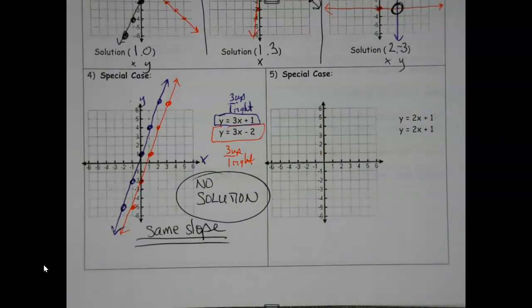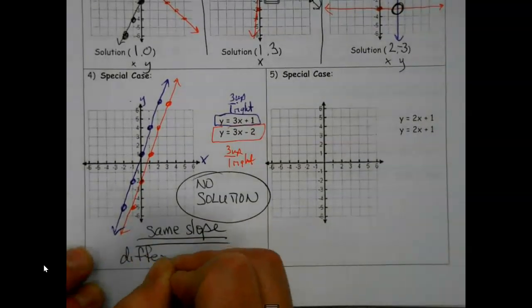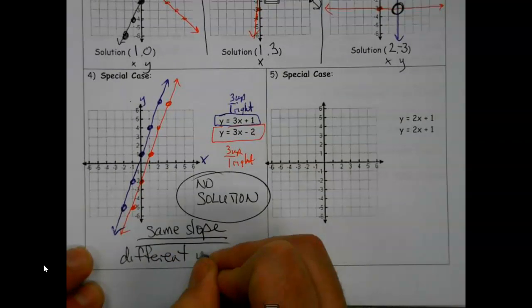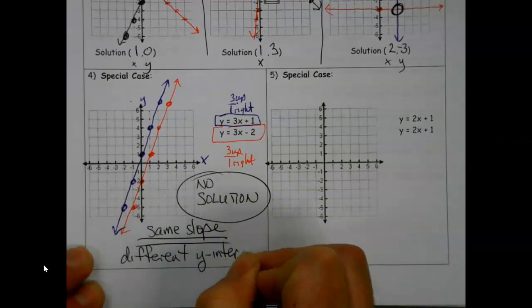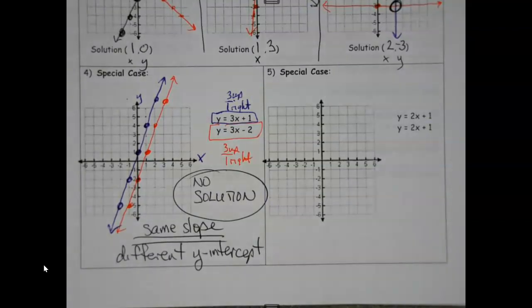The slope on both of these lines is 3, or 3 over 1. When they're the same, but the y-intercept is different, the b, you're going to get no solution. It's going to be the two parallel highways. Okay? These are parallel.